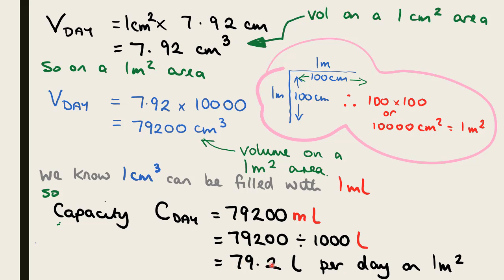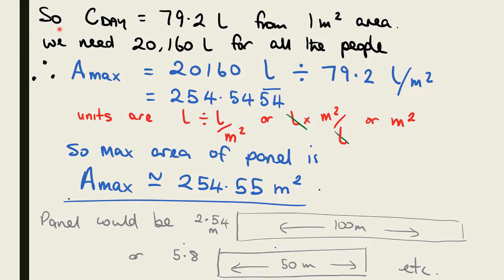The next step is to find out how many meter squares we need in order to get all of the water that we need. So I've just rewritten up here. The capacity in a day is 79.2 liters from a 1 meter squared area, but we need 20,160 liters for all the people.